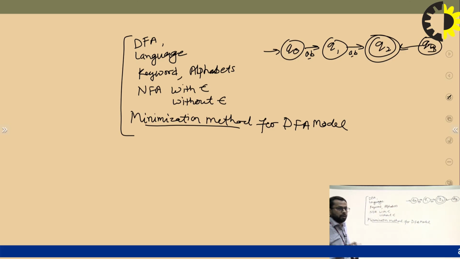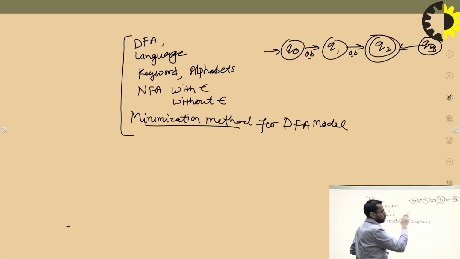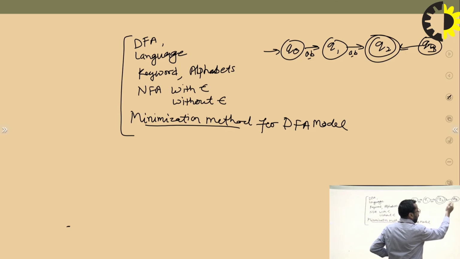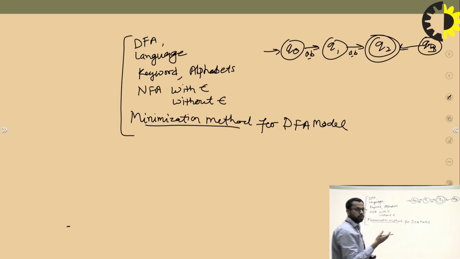Firstly, the objective of this algorithm is to reduce the number of states so that the functionality and the complexity are reduced. How will we do it? Firstly, we will eliminate the inaccessible states.